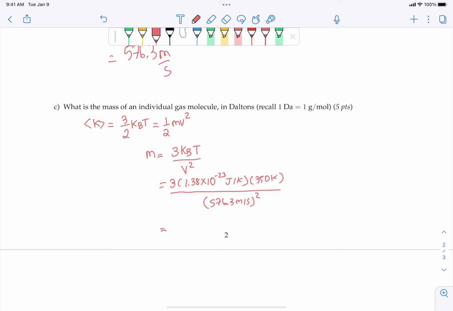What should we get for our mass? And like I said, this is going to be in kilograms. Let me calculate this real quick, just to be sure.